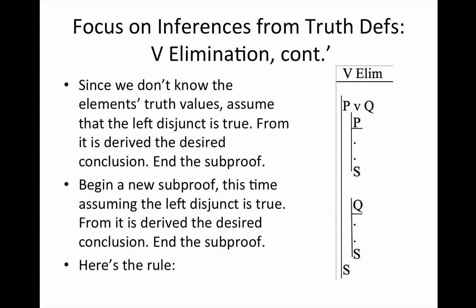Now, when we're given a disjunction, or let's say somewhere in our proof we've derived a disjunction and we need to dismantle it, what we want to do is remember the following.